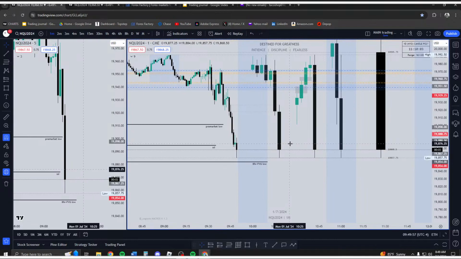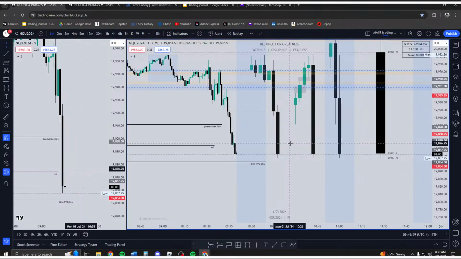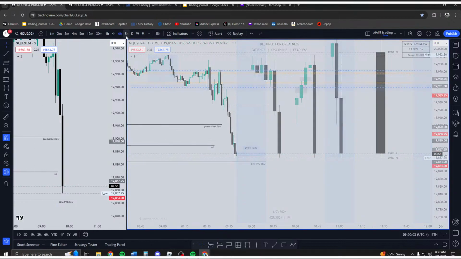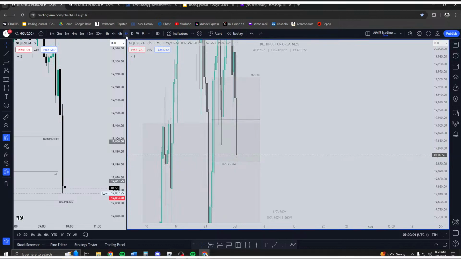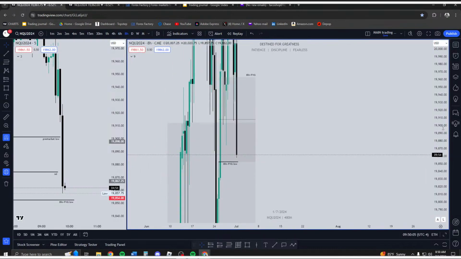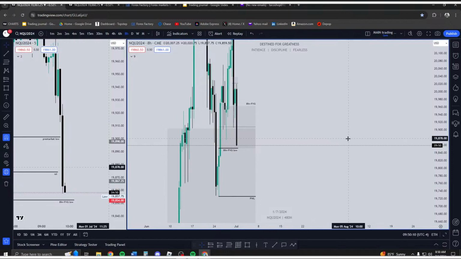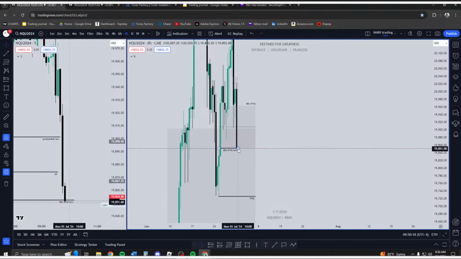Still have about 10 minutes left of this 4-hour candle. Alright, so we just took it.